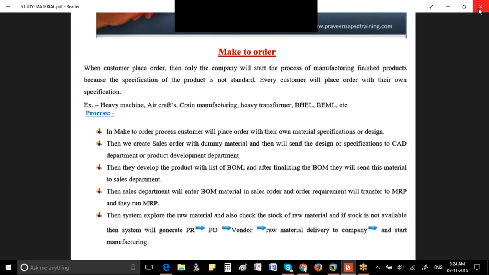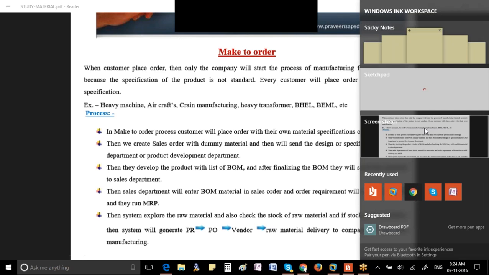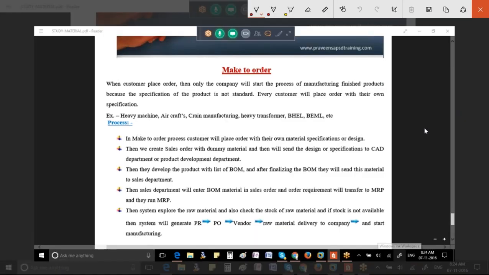Make to order is a process where we start manufacturing only after the customer has placed an order. Make to stock is where we manufacture the product, keep it ready, and as and when a customer places an order, we sell it. But in make to order, we manufacture or procure the raw material only after the customer places an order, because every customer's order has its own specifications, which may not match anyone else's.